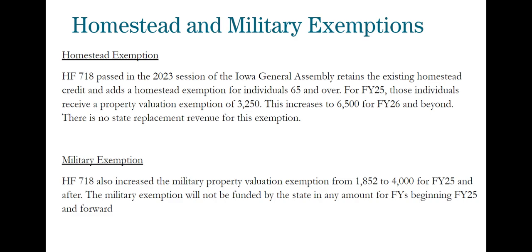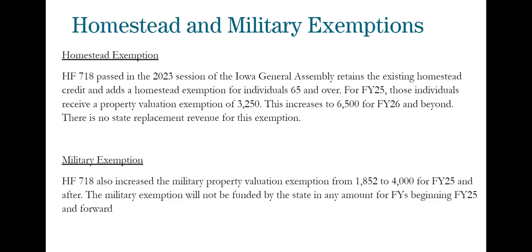For fiscal 25, just as a reminder, those individuals receive a valuation exemption of $3,250. This increases to $6,500 for fiscal 26 and on. And there's no state replacement revenue for this exemption. So, again, it's just a reduction of your taxable value, and in this instance there is no replacement for that reduction.